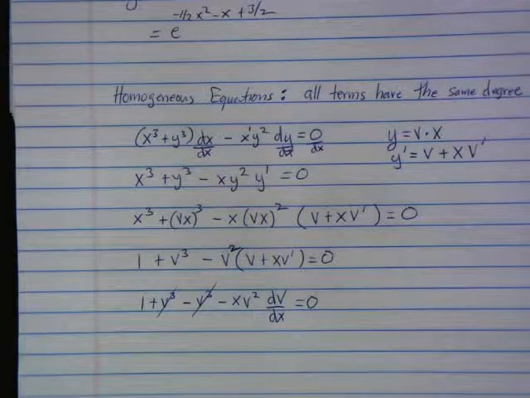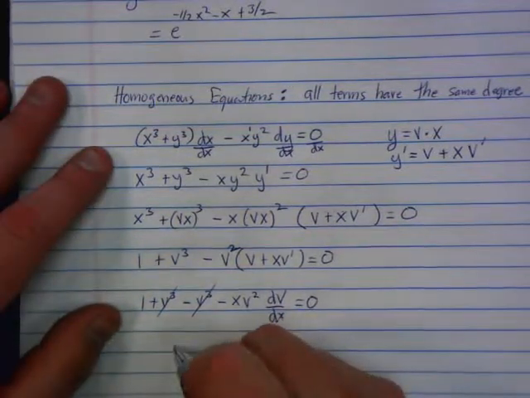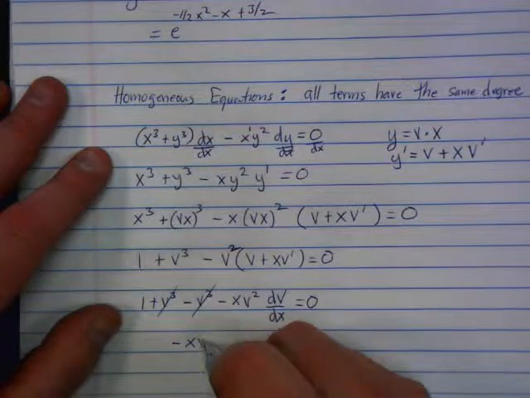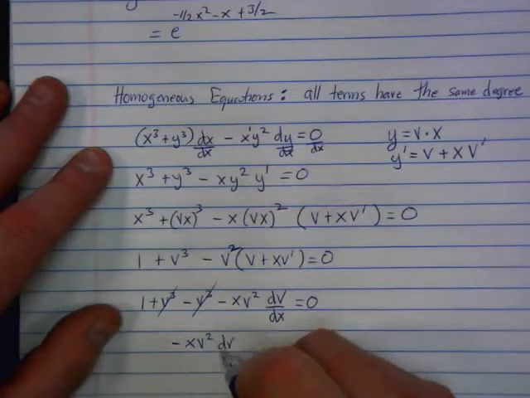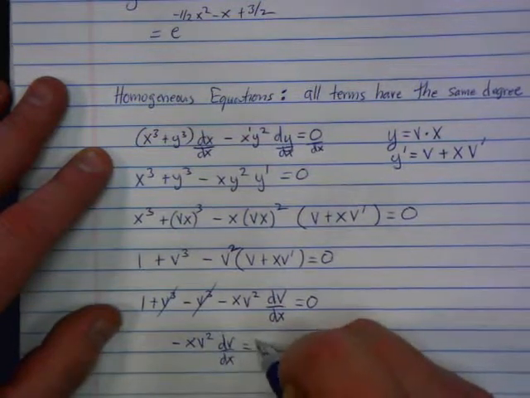Now what? Subtract 1, divided by negative x. So negative x v squared dv dx equals negative 1.